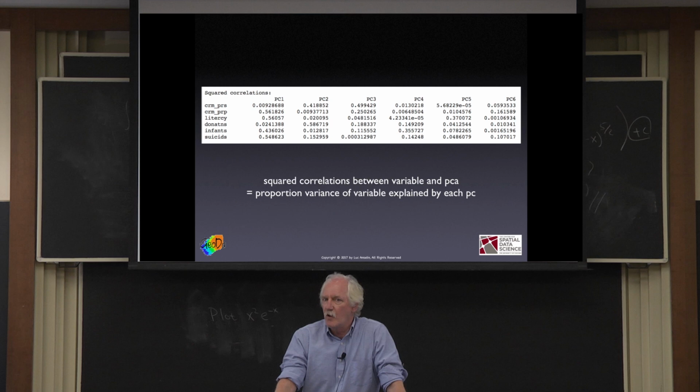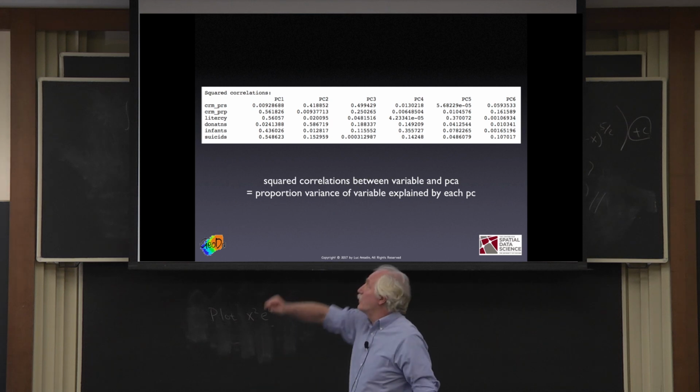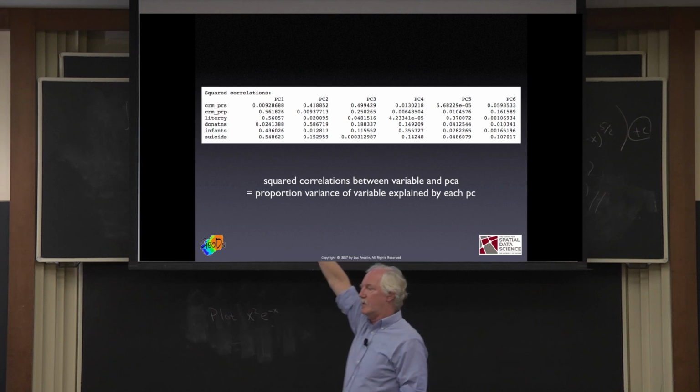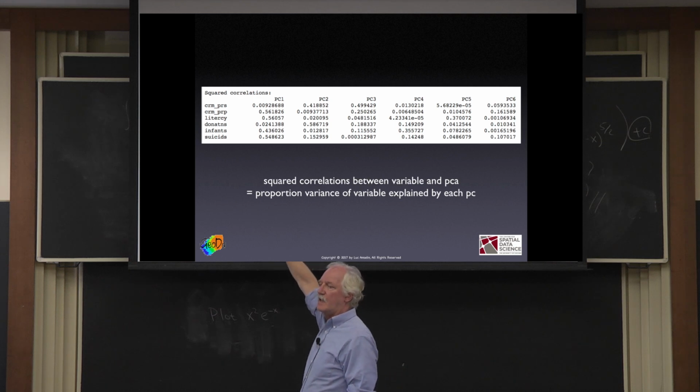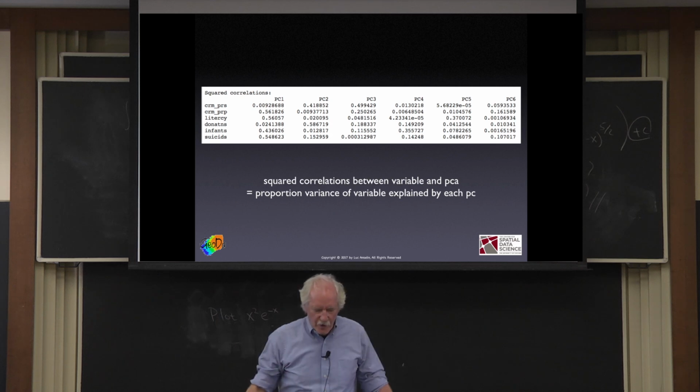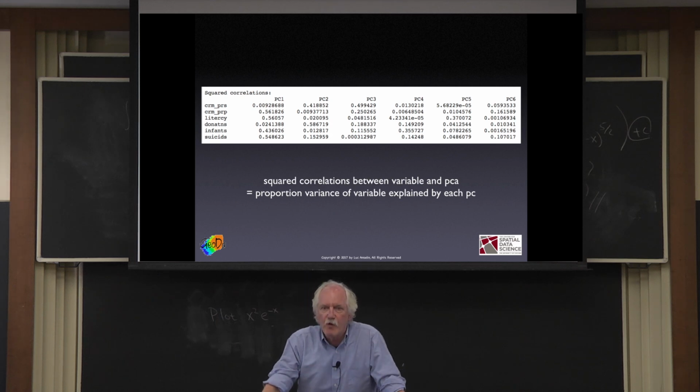And you don't have to square it, but if you square it, then if you go along the row, you see what percentage of the variance of the original variable, so the variable on the left-hand side, is explained by each of the components. So if we look at the top line, crime against persons, we see that the first component has very little to do with that.